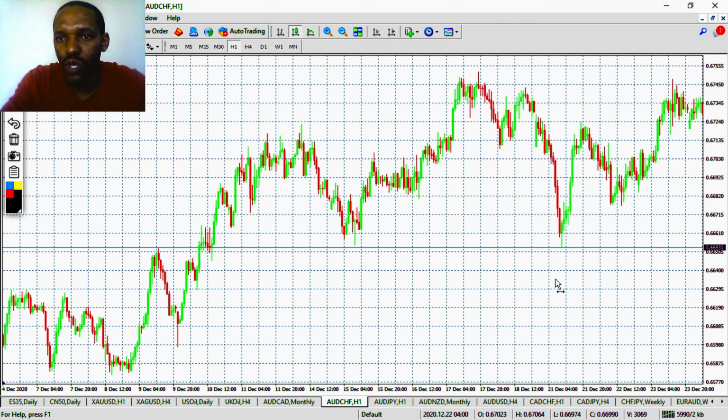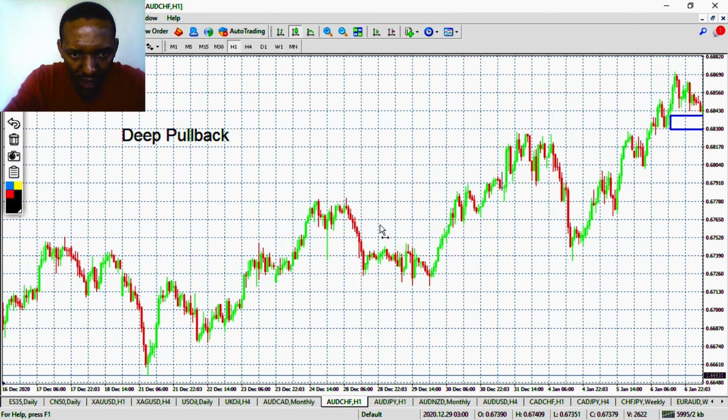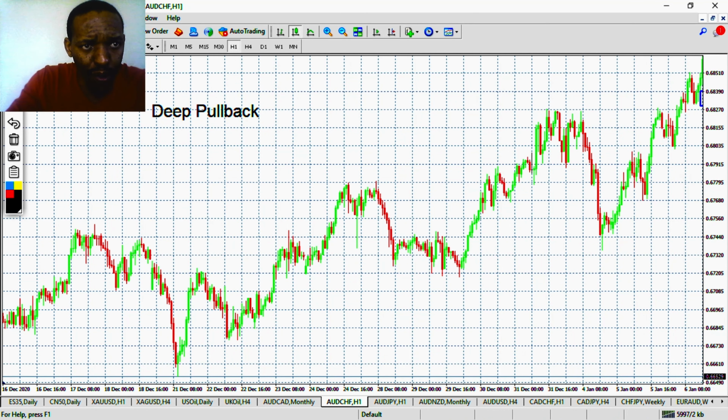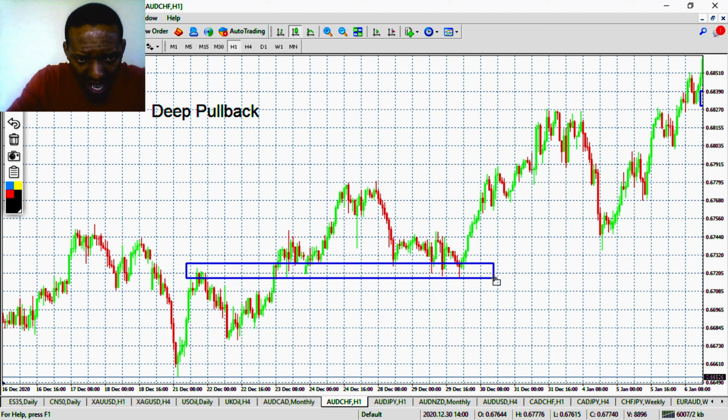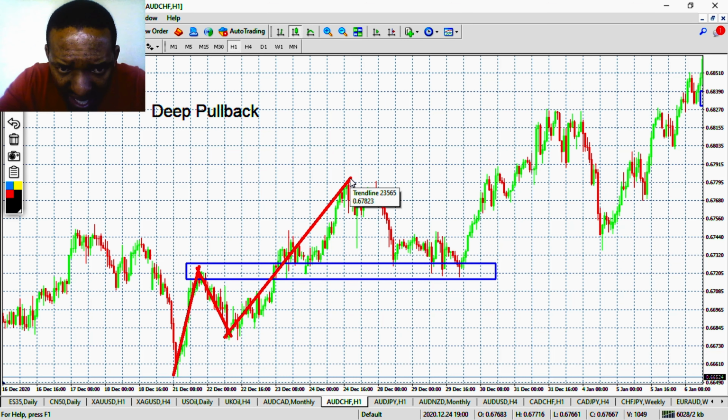That's how you'd look for a deep pullback. That's our deep pullback. And then we're looking for another one right here. We have another one, which is right here. So the market went up right here, pulled back, and then the market went straight up like that.